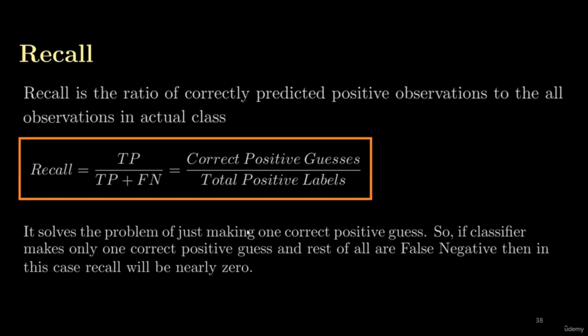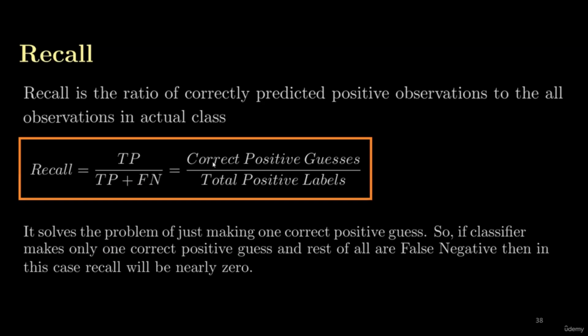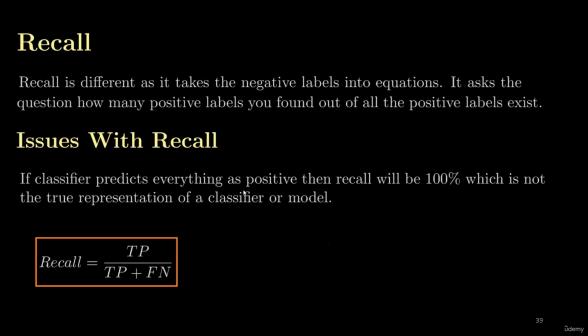Previously in precision, the problem was that the model made only one correct positive guess. Now the problem with recall is that the model is classifying everything as positive. In precision, the model classifies one sample as positive and then stops predicting further. But in the case of recall, it classifies everything as positive. In that case, there will be no false negative term, and the ratio will be 1 in the case of recall as well.